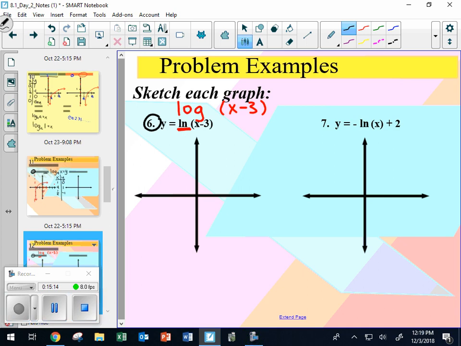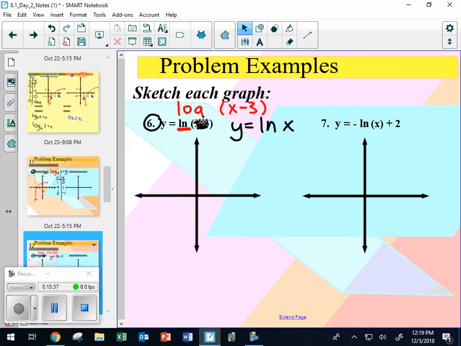If you have something where you just don't know what to do with this x minus 3, I would always simplify it first. If we simplified this and we just said, don't worry about the x minus 3, this would just be y equals the natural log of x. If we just are trying to graph the natural log of x, haven't we already done that?